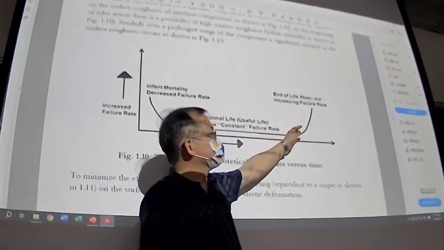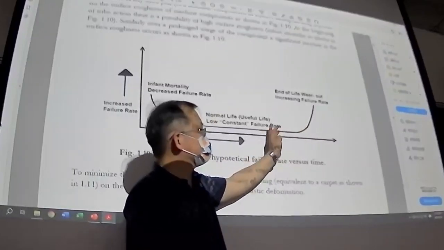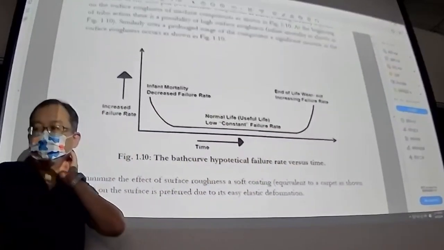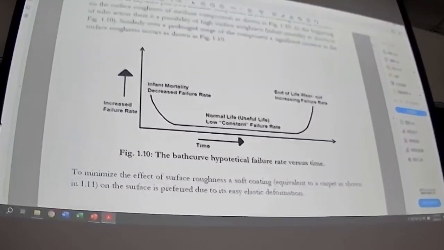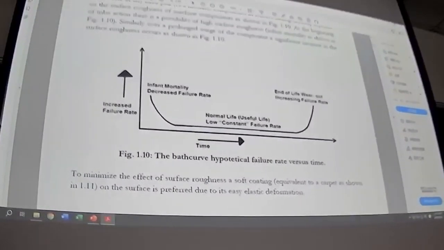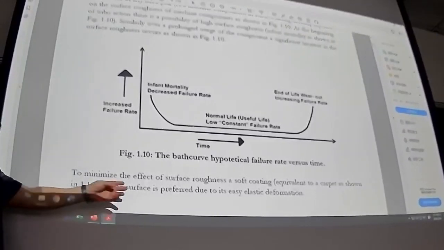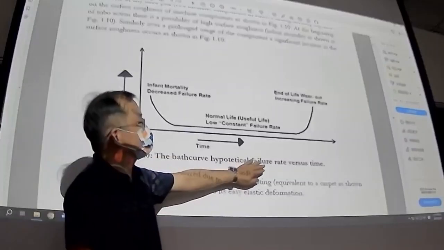The failure rate will increase at the end of the service life. Okay, so this is called the bathtub curve for the hypothetical failure rate versus time.